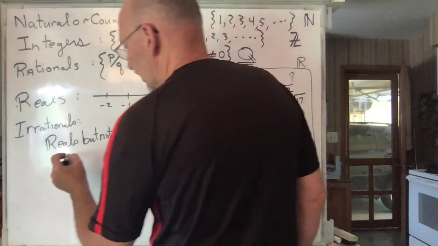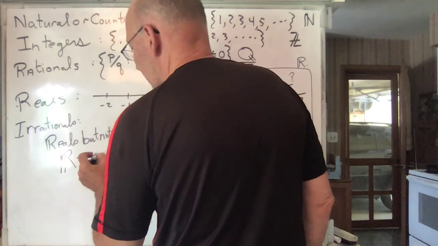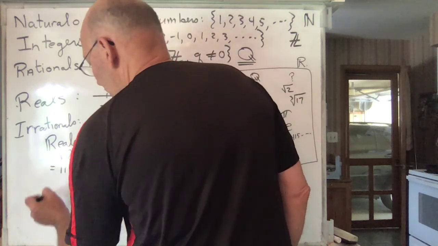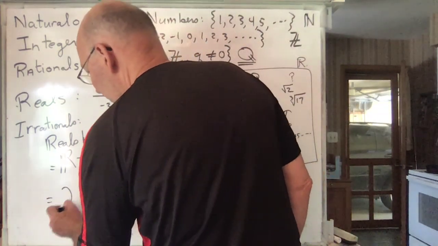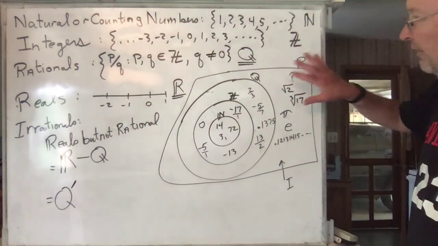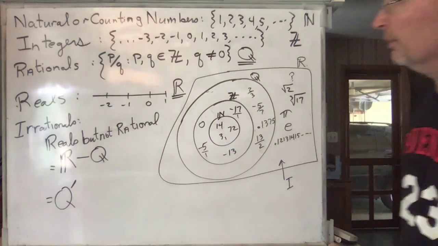Or using the notation that we'd have, R minus Q. Or since real numbers is our biggest one that we're talking about, we could just say Q complement, the complement of Q. If this is your universe right here, you can just say the complement of Q.